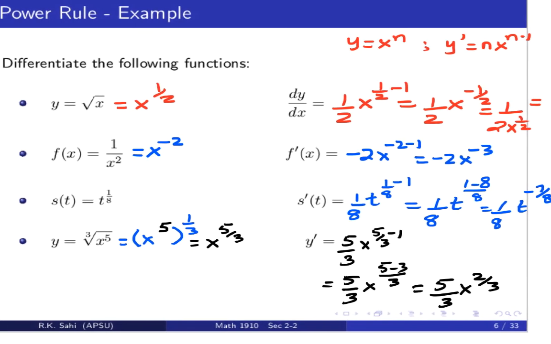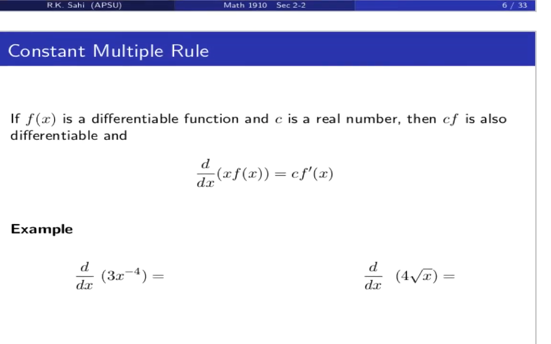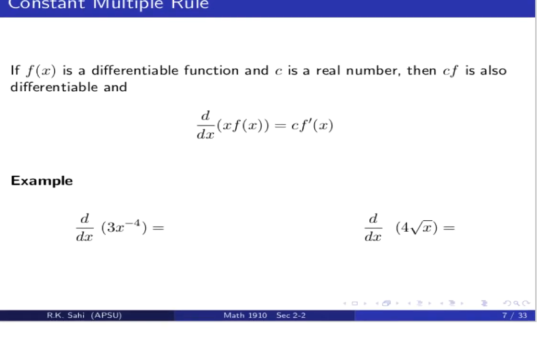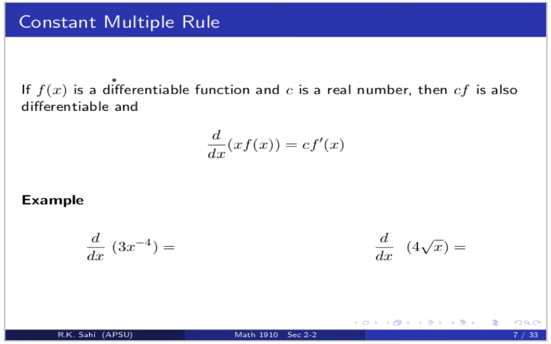Let's look at another rule, which is called the constant multiple rule. It says if a function is differentiable and c is a real number, then c times f is also differentiable.